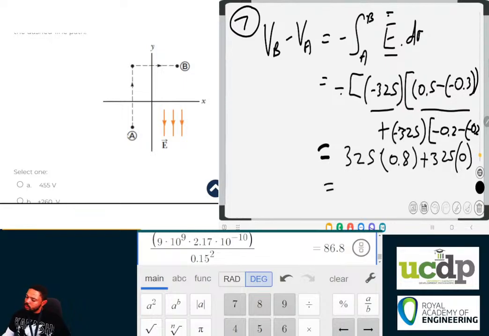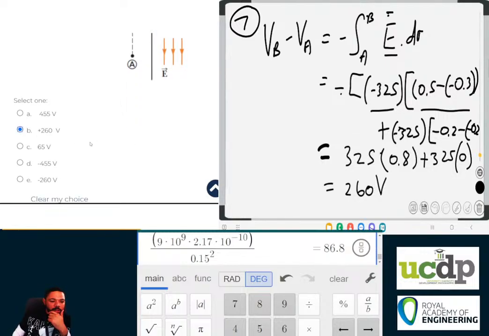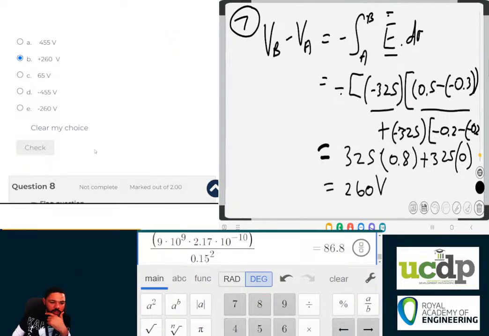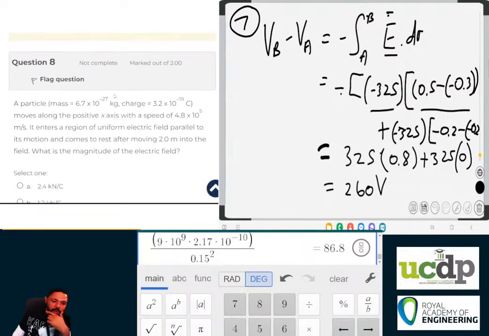So the answer will be 325 times 0.8, which is 260 volts. Let's see if there's an option for 260 volts. If you calculate it, you will find that the answer is 260 volts. Remember, we're moving from B to A. It would be negative 260 if we were to move from A to B.